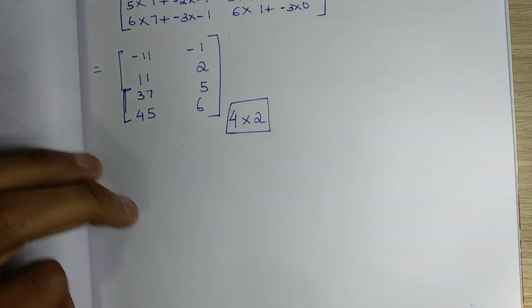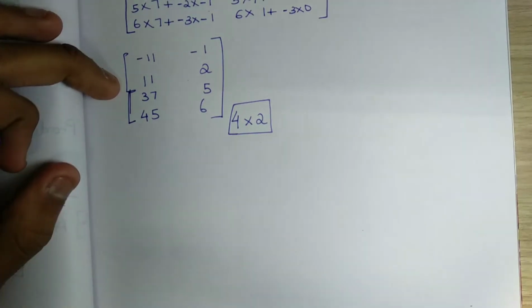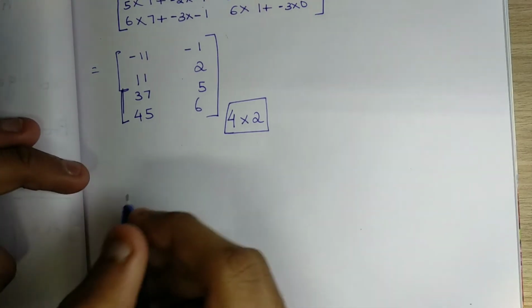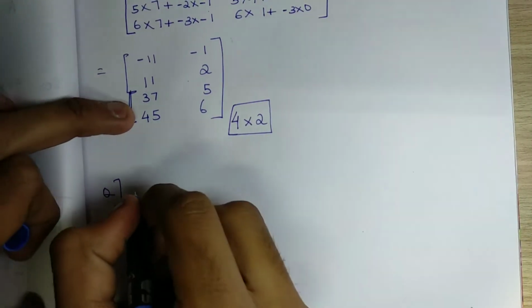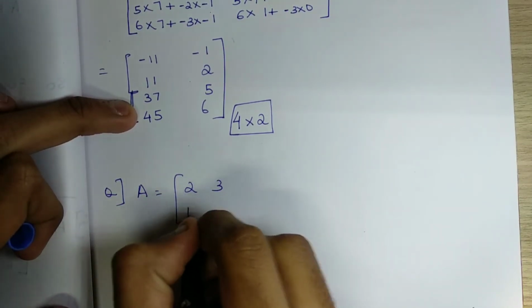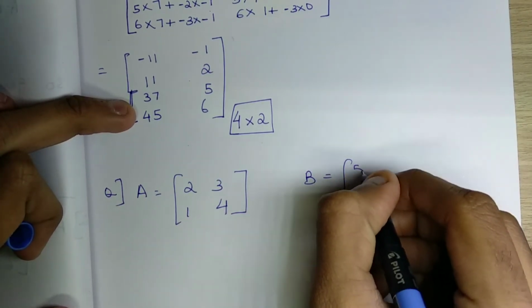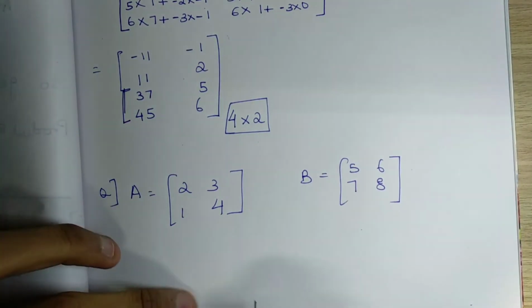Now let's take a look at another example. A equal to... now our first rule.